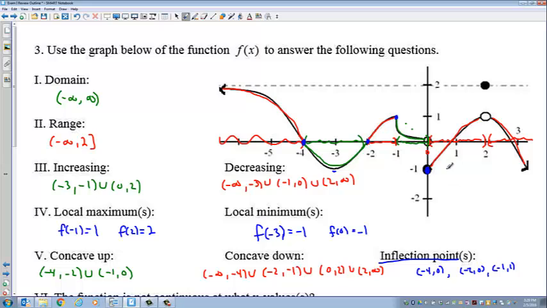And one could argue that you do have a change in concavity here because you are going from green to red. Even though it's a point of discontinuity, it's not really clear. We never talked about continuity when we talked about concavity and inflection points.